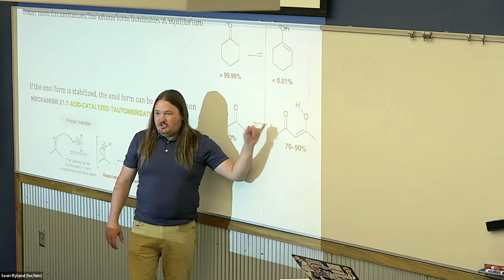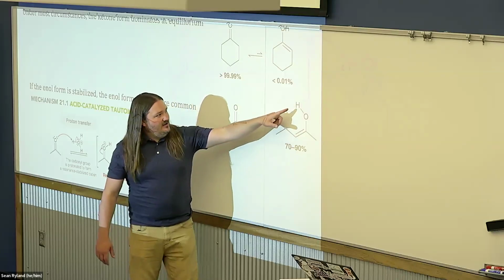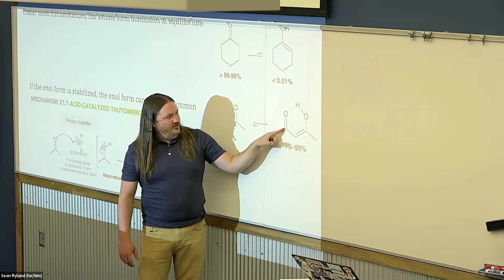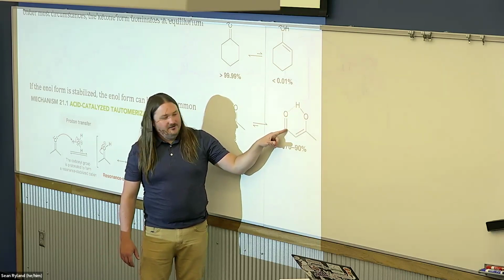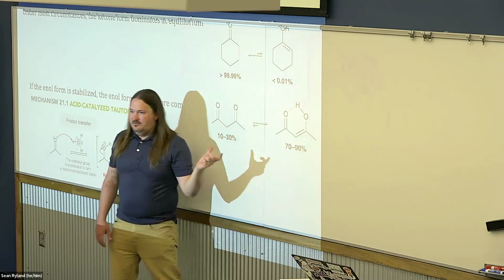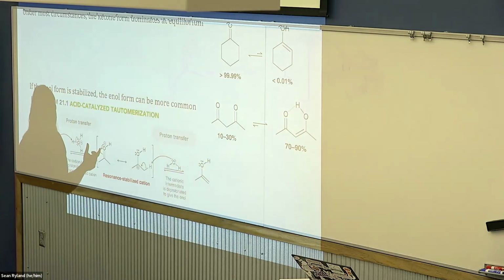You actually have an ongoing resonance structure here, because if you transfer the hydrogen over here, and those electrons move over and those electrons move over, and these electrons stay there, you actually get the same molecule. Basically just with the carbonyl and the alkene reversed.